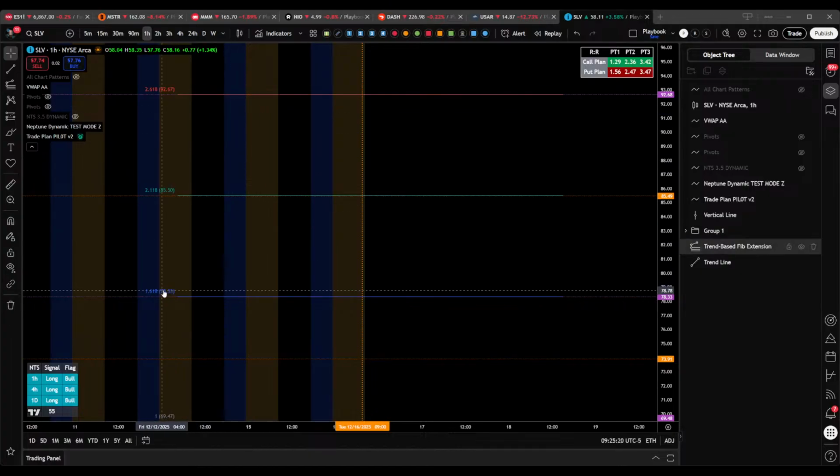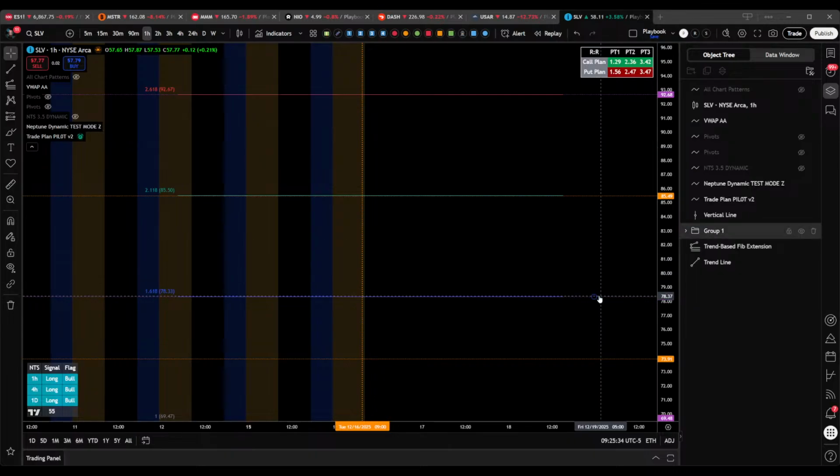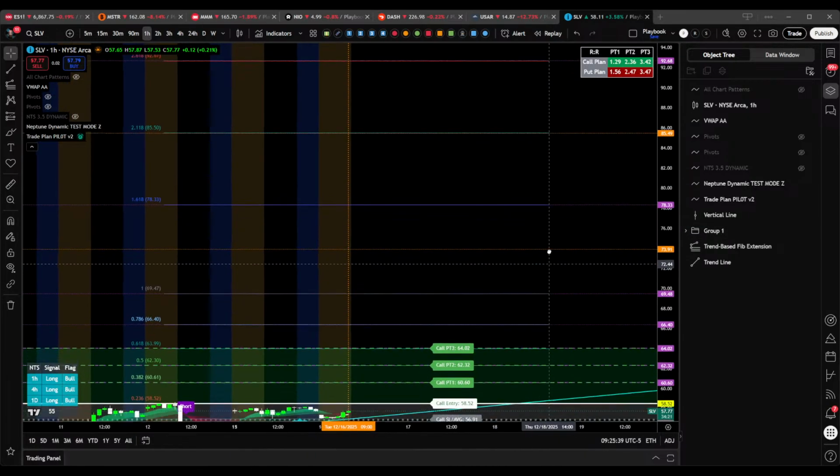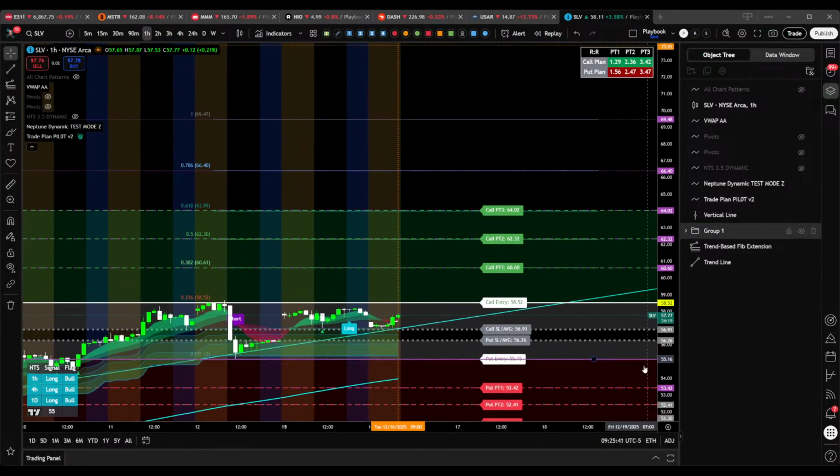And then same thing here, 1.618 up to the 2.618. You can also build that into your trend-based fib extension tool by adding things like the 2.118. So we're essentially just slicing that in half. Or you can add these two levels and average them to get those midpoint projections of untested resistances.